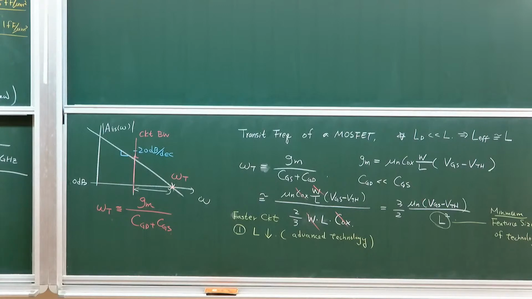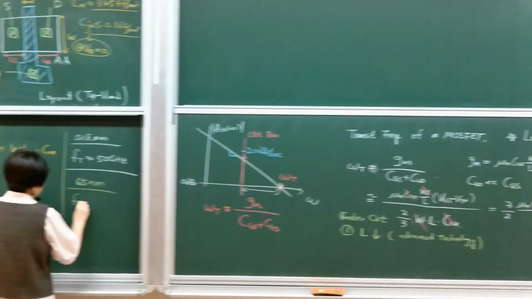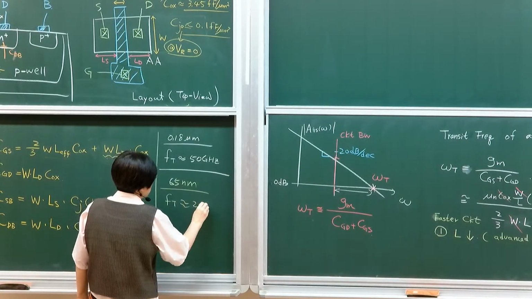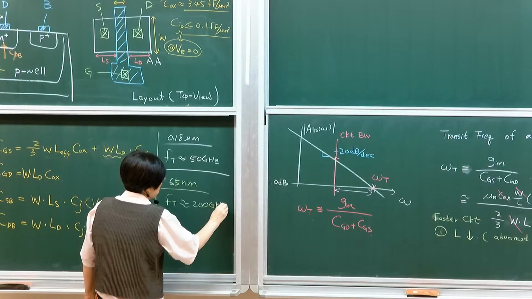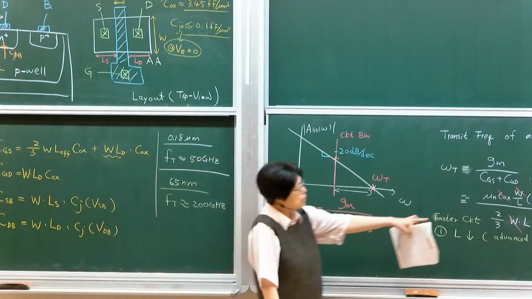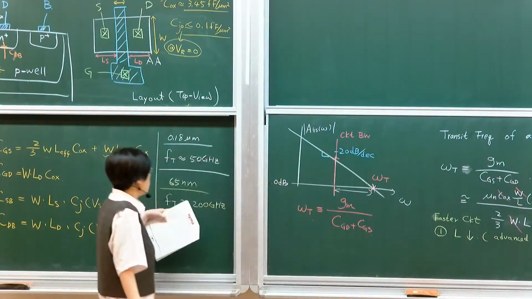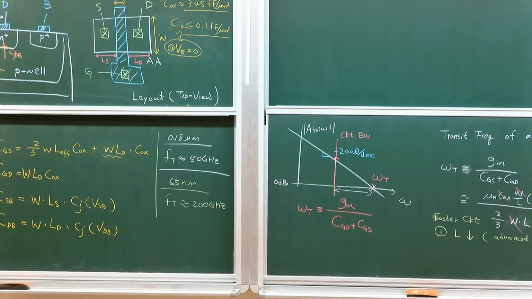For example, for 65 nanometer, you're expecting your FT should be approximately close to 200. This is based on this model. It will predict that your omega t can be pushed to 200. So you get more comfortable room in order to design faster circuits.